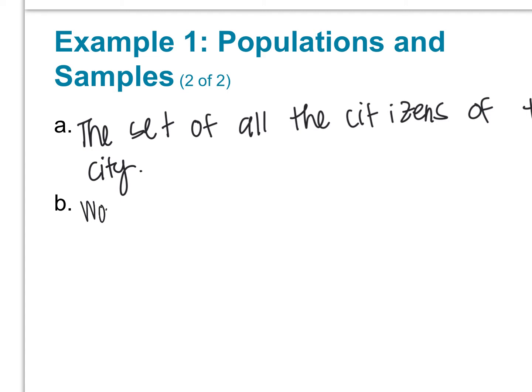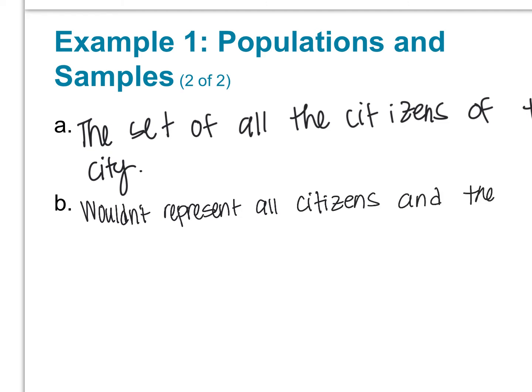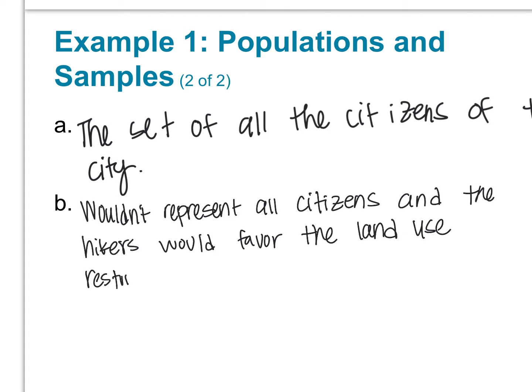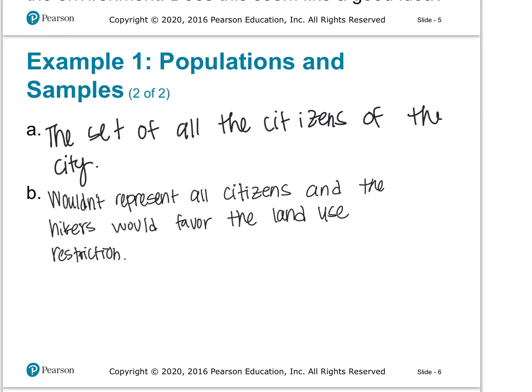So it wouldn't represent all citizens, and the hikers would favor the land use restriction. When you're doing your description of your samples and your data collection, you just want to kind of summarize what your thought is for that.